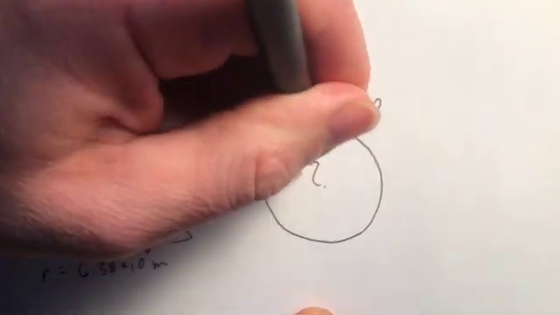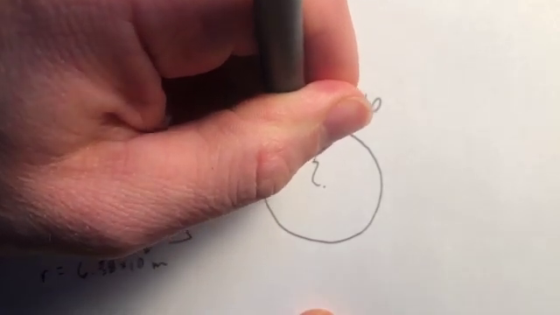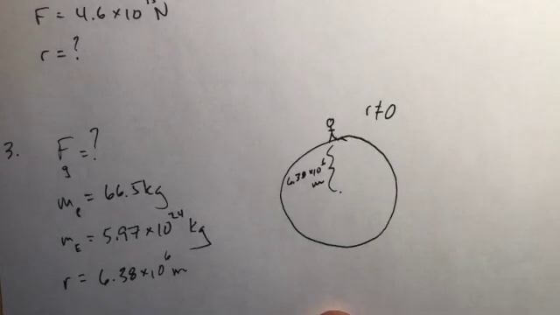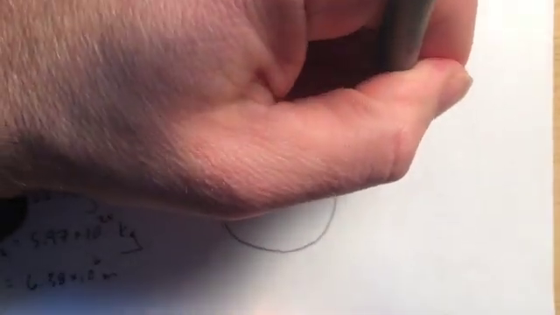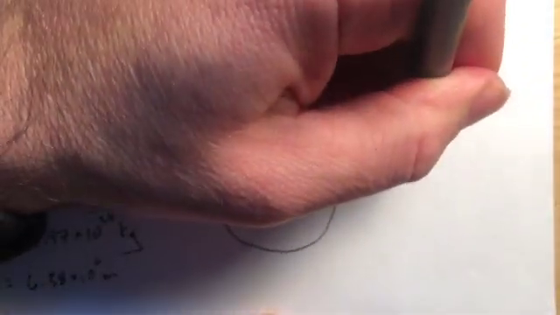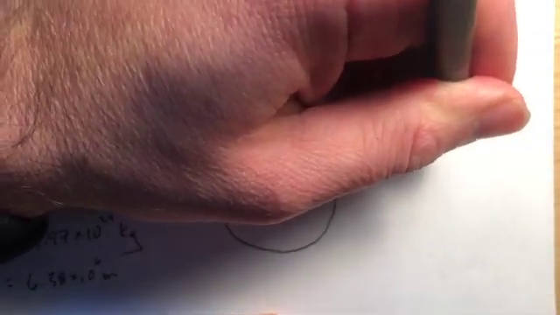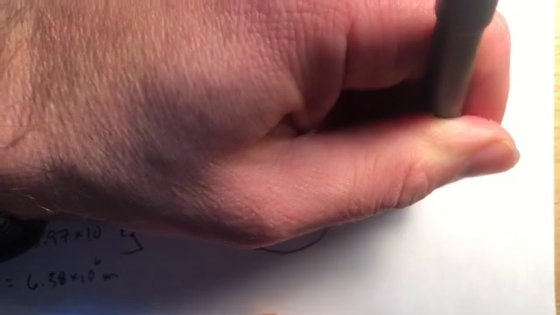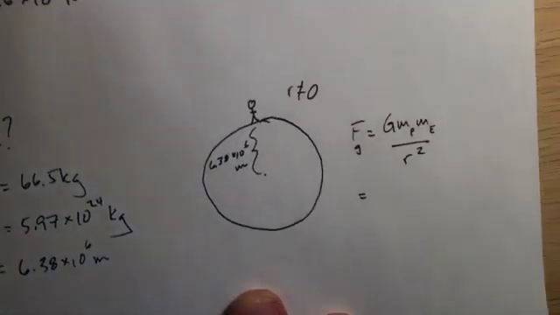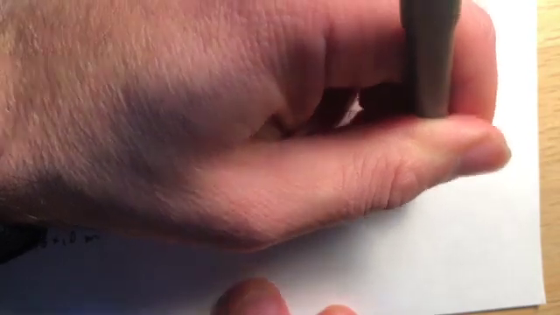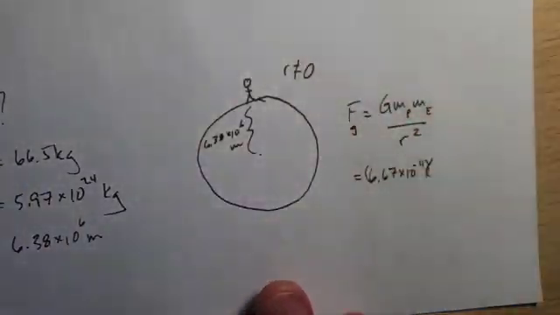This is 6.38 times 10 to the 6th meters. And that's the distance we care about. So to find F sub G here, just use the universal law, capital G, M person, M Earth, over R squared. And then we go 6.67 times 10 to the minus 11th. Again, you don't have to have that memorized. You can look that up every time.